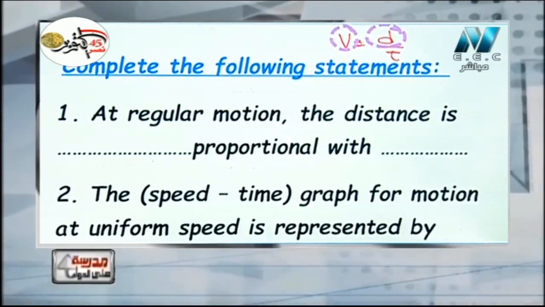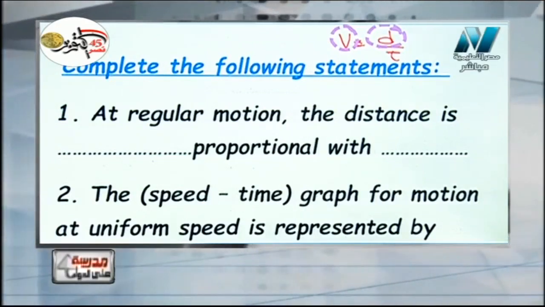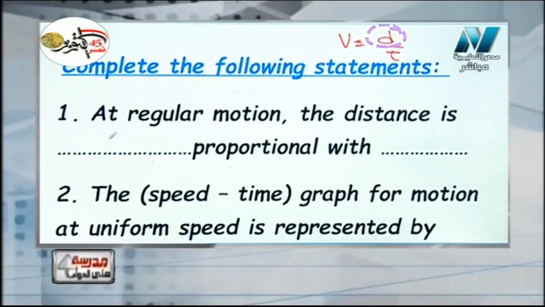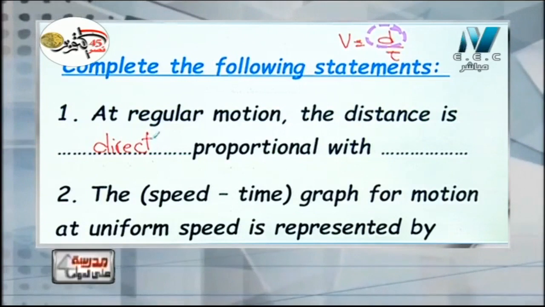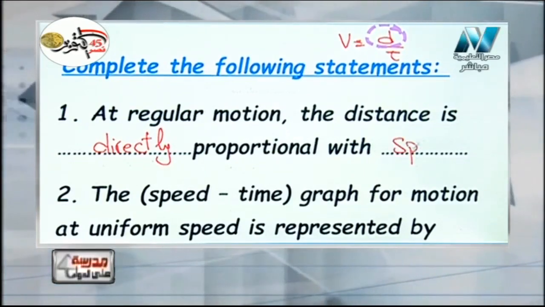So the relation between distance and speed is directly proportional. So I will write here: is directly proportional with speed.